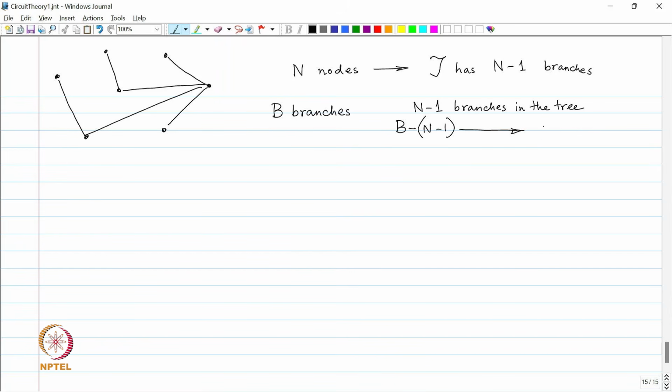These are called links, or some people call them chords. The tree is like a tree outside, the plant, and the nodes are the leaves. You can go from one leaf to another in only one way; there are no loops in the tree.